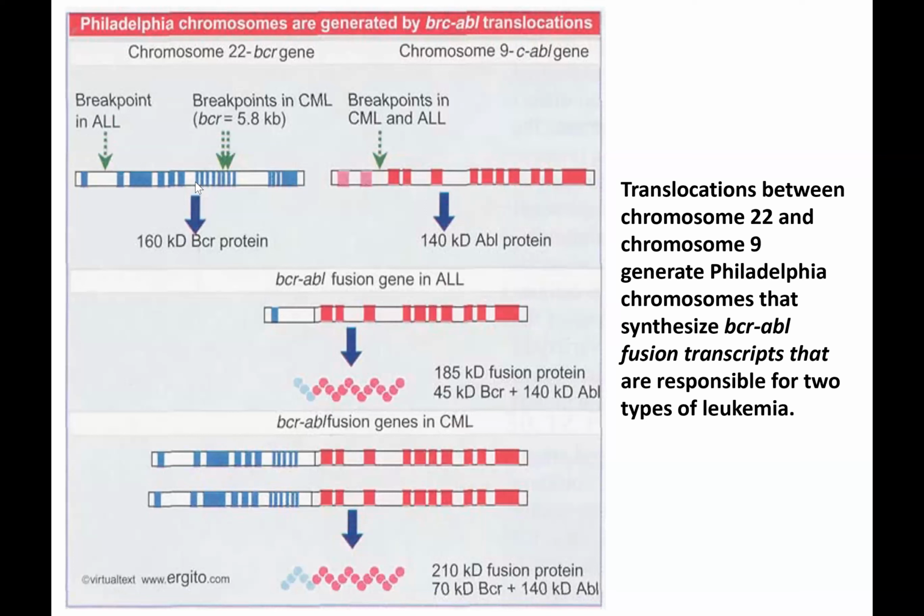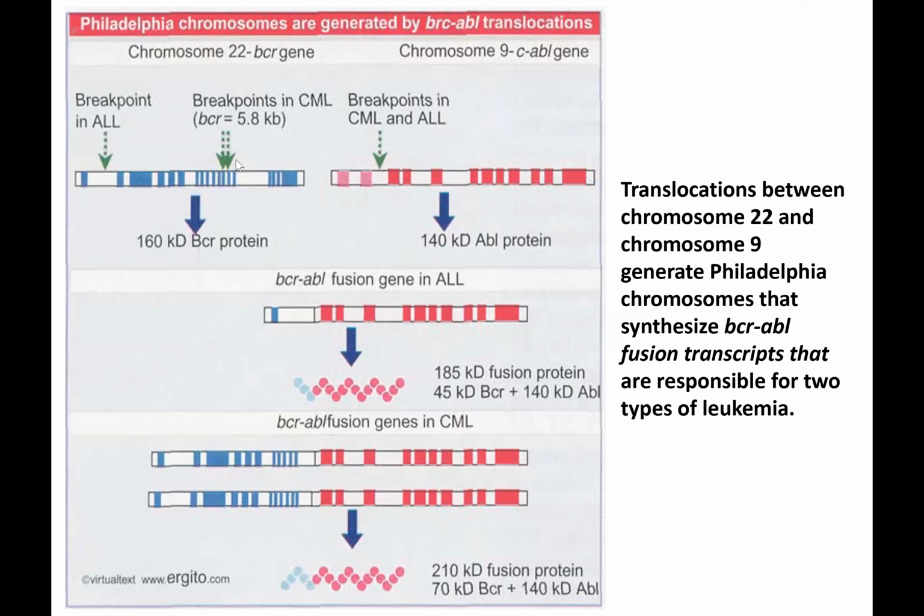So the only thing is the BCR region: if it breaks here and joins, it forms a BCR-ABL fusion gene seen in ALL patients, and if it breaks here and joins here, it forms a BCR-ABL fusion seen in CML patients. So a simple translocation between chromosome 22 and chromosome 9, and the kind of protein these fused genes make, are responsible for causing this disease.